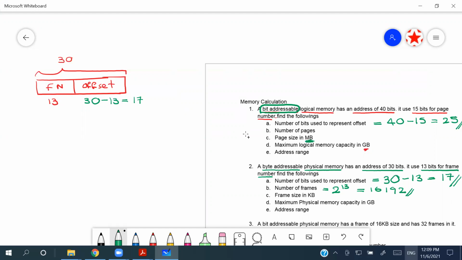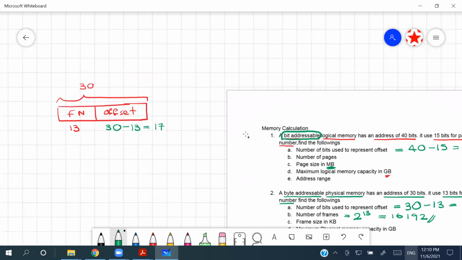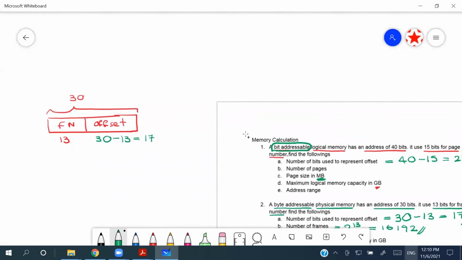Then for the third one, part C, they ask for the frame size in kilobytes. Frame size equals 2 to the power offset bits, right? So that means 2 to the power 17. Since it is byte addressable, my answer comes in bytes.